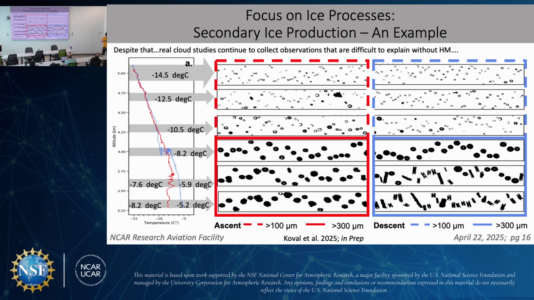So at the top of the cloud, we have relatively small drizzle, or very large cloud droplets that are on the order of 80 to 100 microns in diameter.